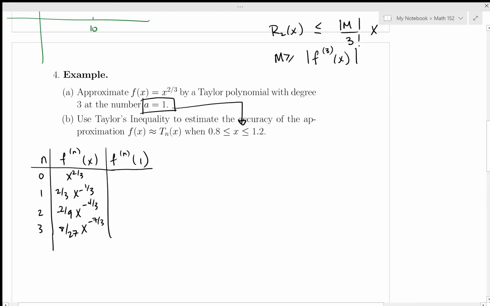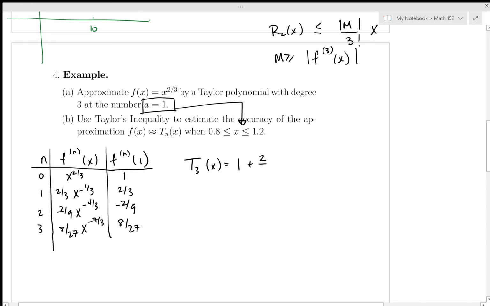Then I evaluate all those things when x is 1, and I get 1, 2/3, minus 2/9 and 8/27. Now I can easily write out the T3 approximation, the polynomial that approximates x to the 2/3. It looks like this: 1 plus 2/3.